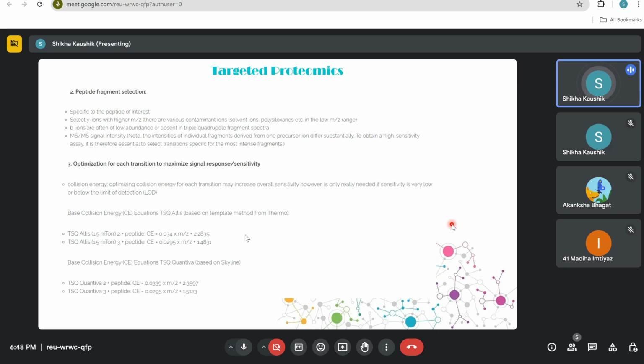Optimization of each transition to maximize signal response and sensitivity. So basically you have to check collision energy. You need to optimize collision energy for each transition. That may increase overall sensitivity, however it is only really needed if sensitivity is very low or below the limit of detection.